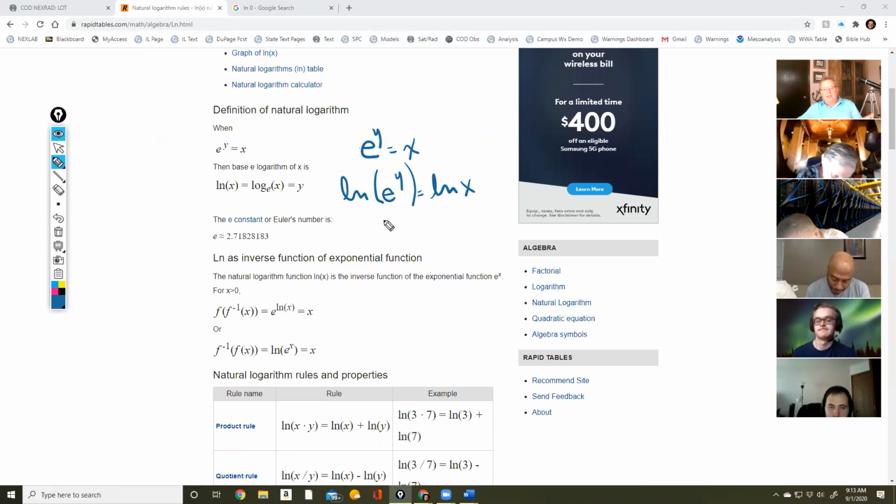Again, this is just simple algebra. Whatever I do to one side, I need to do to the other side. So I'll take the natural log of both sides. But when I take the natural log of the exponent, that leaves me y equals the natural log of x.